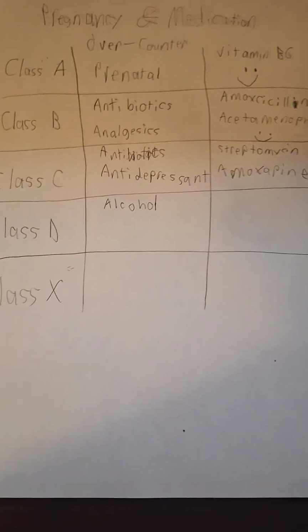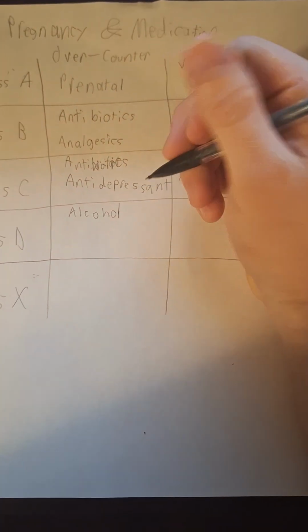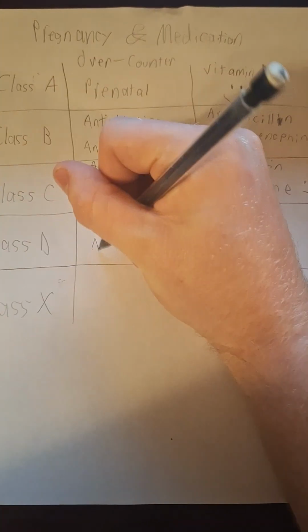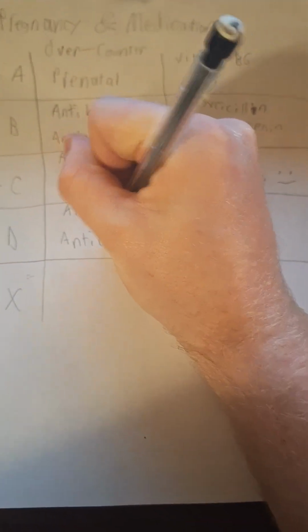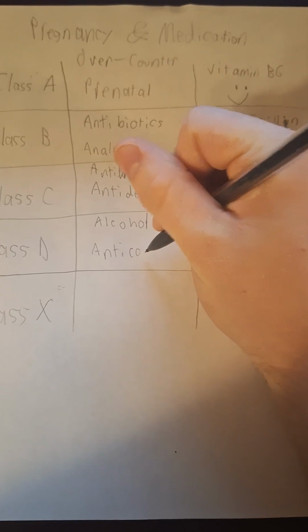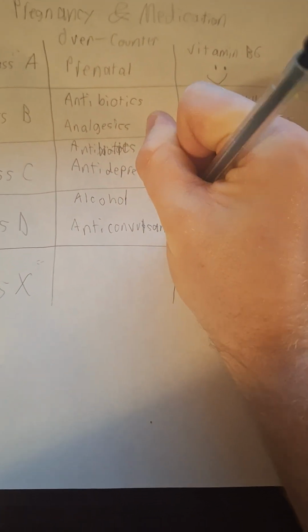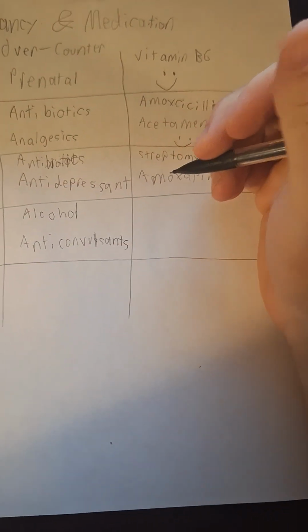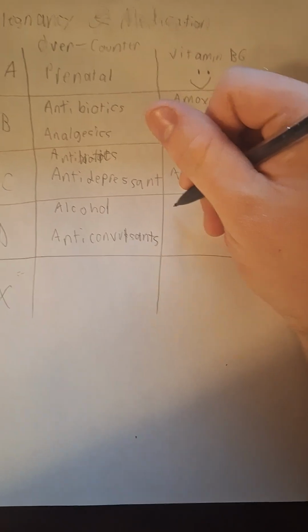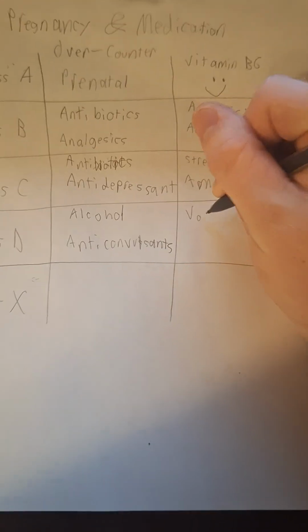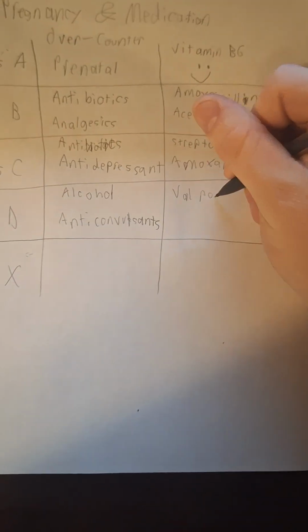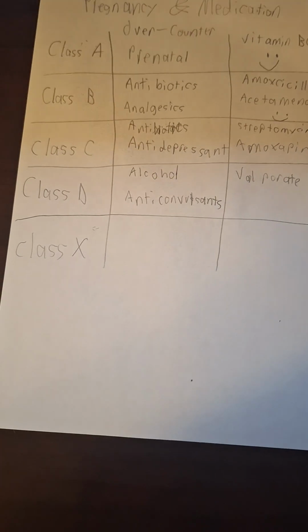But also your anticonvulsants. So things like valproic acid or valproate fall in your class D section here.